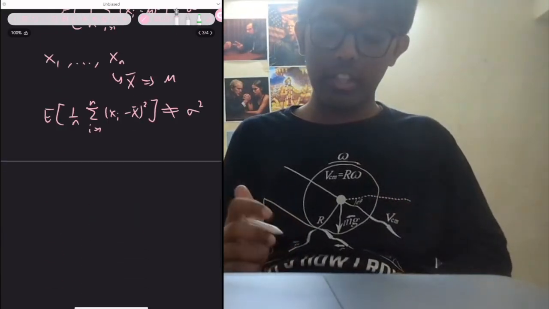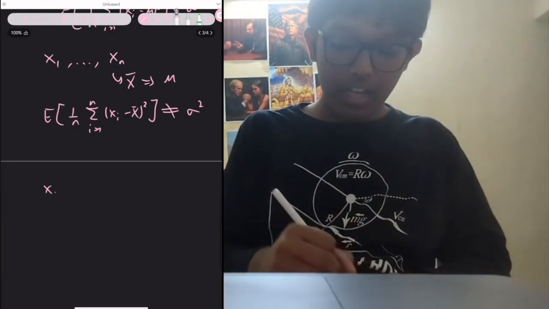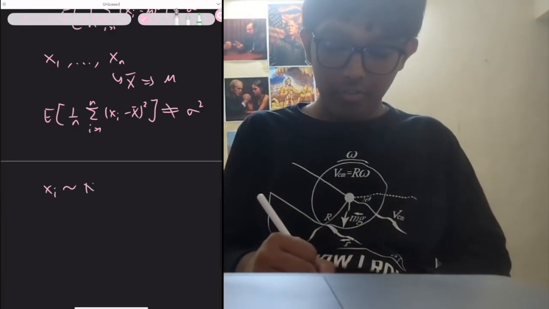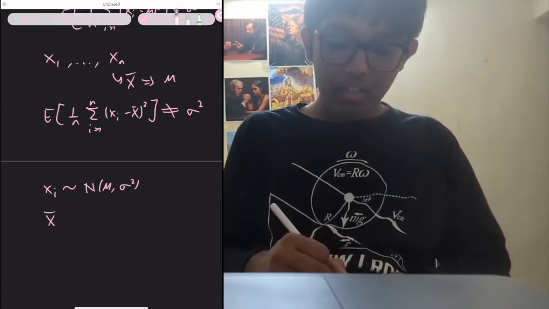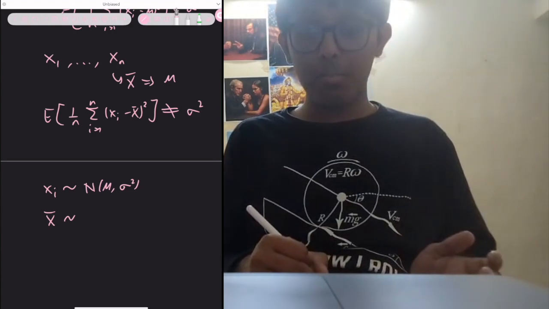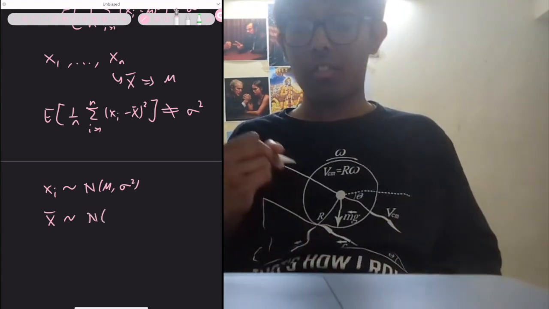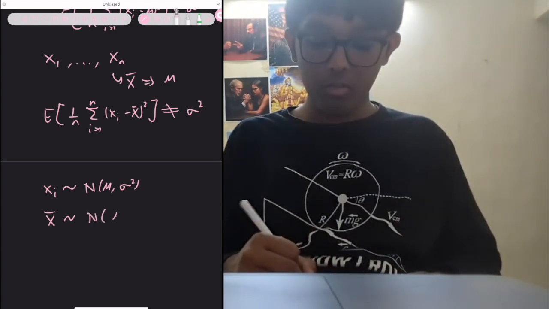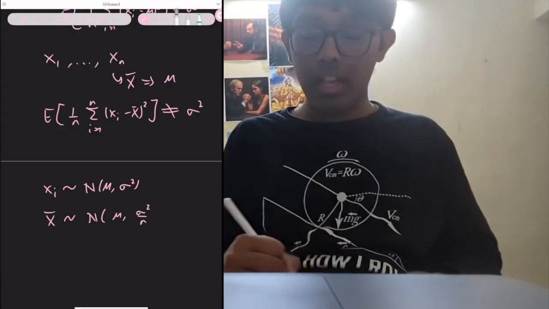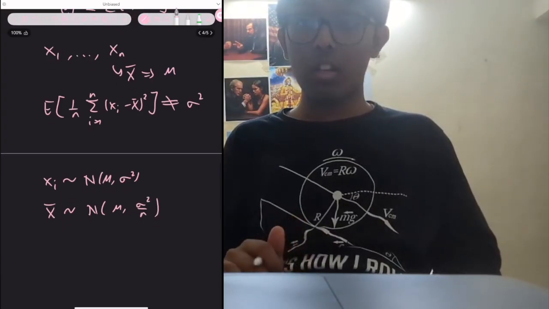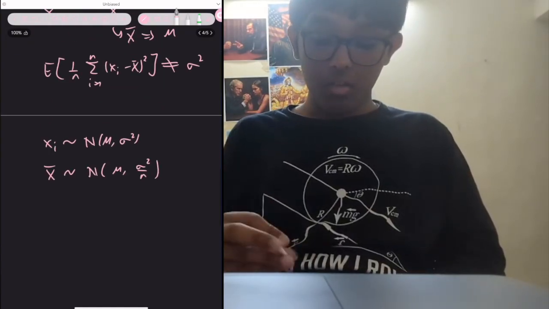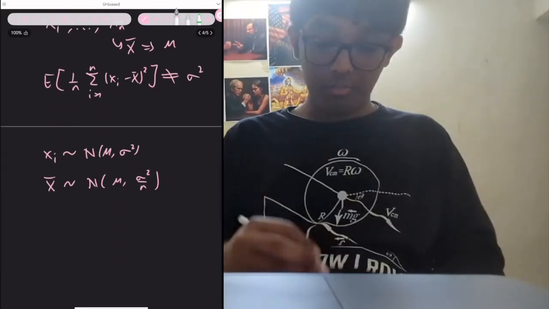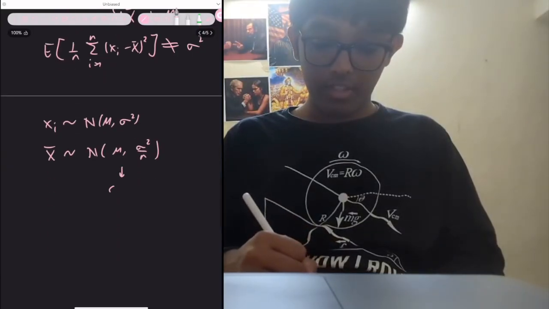An interesting thing is that if xi's are drawn from normal mu comma sigma square, x bar is also a random variable drawn from a normal distribution centered at mu with variance of sigma squared by n. Well, this is basically the central limit theorem.